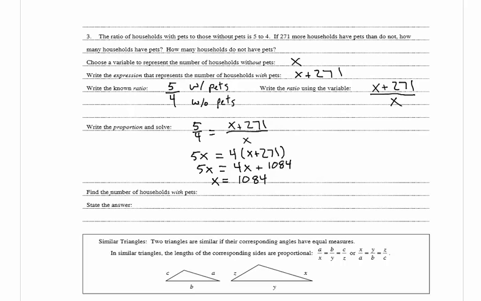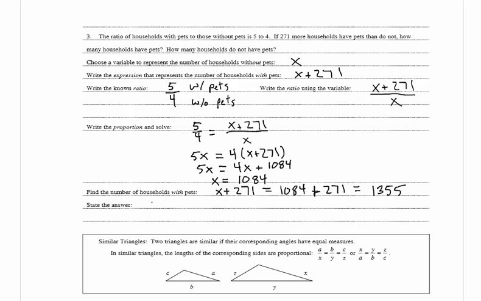And now it wants us to find the number of households with pets, which was represented by x plus 271, or 1084 plus 271, which is equal to 1,355. And now we want to state the answer.